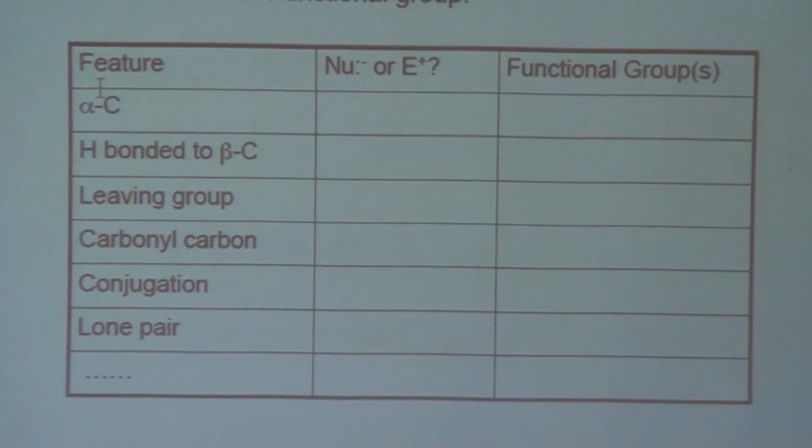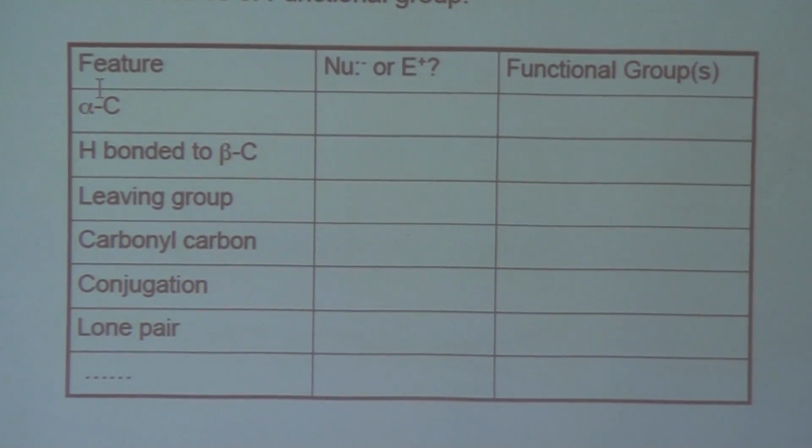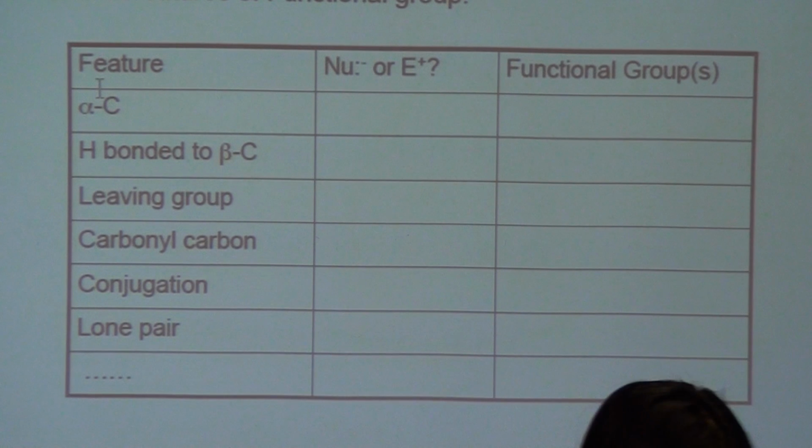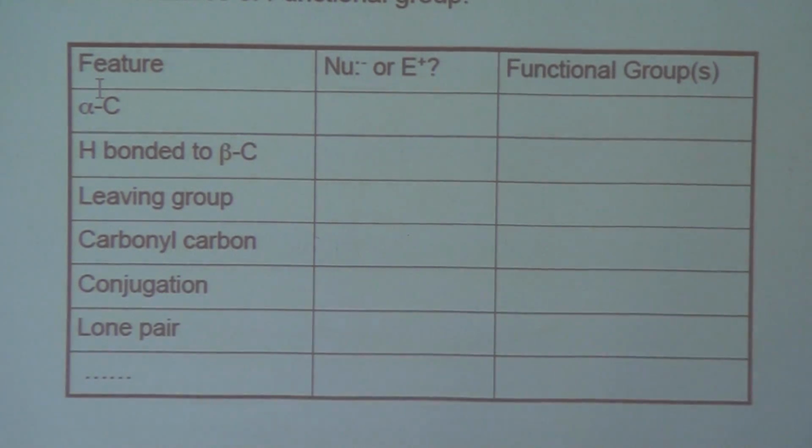Remember that if you have a carbon bonded to a halide, or a carbon bonded to an OH, these are the alpha carbons. In other words, you have a carbon bonded to a leaving group, so that carbon is an alpha carbon.